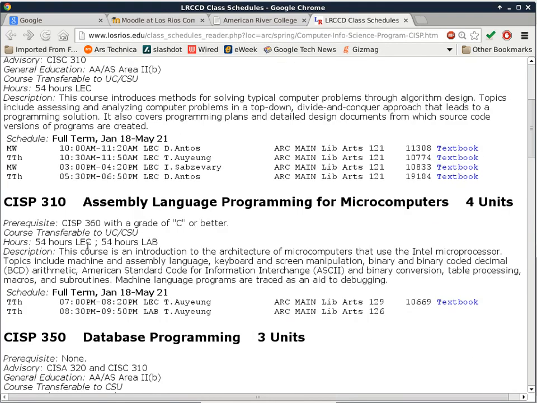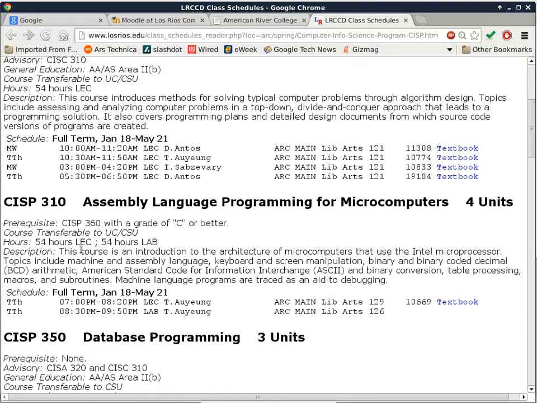And I'm teaching CISP 310. So those two can be considered somewhat heavy-duty programming classes, so you have to look at your schedule. You don't want to take heavy-duty calculus or physics classes in the same semester, because these two can take up quite a bit of time already. It depends. Some people may look at these classes and say it's not going to be too difficult, but in general, they are not considered lightweight classes.